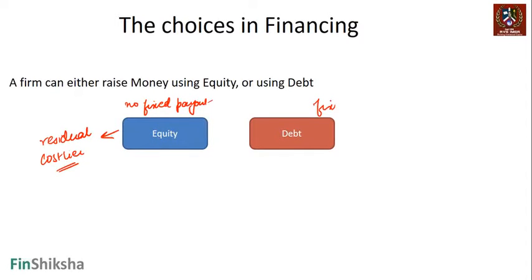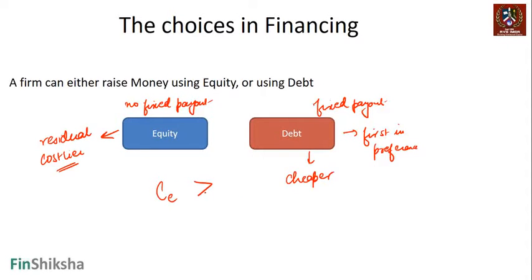Debt has a fixed payout, and it's considered the first in preference of any kind of payout, and that's why it is considered less risky, and hence it is cheaper. So for any given firm, the cost of equity will always be greater than the cost of debt. That will always hold true, correct?